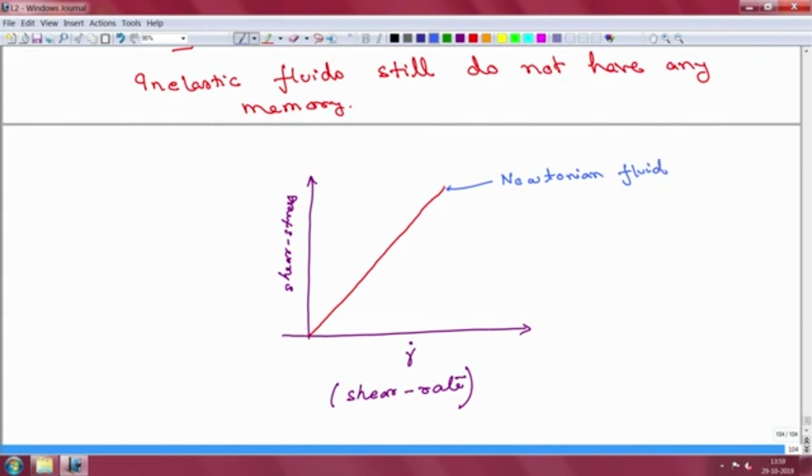Now, on this diagram you can have another type of material whose shear rate graph looks something like this, and this we would call a Bingham plastic.